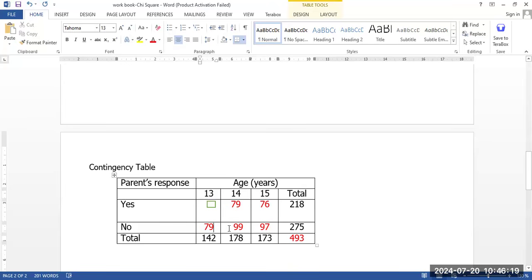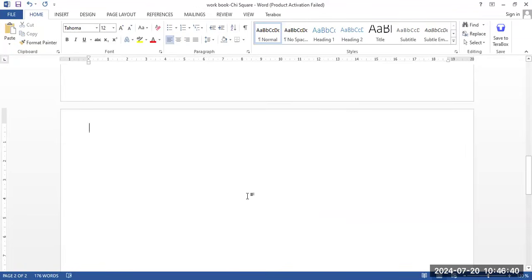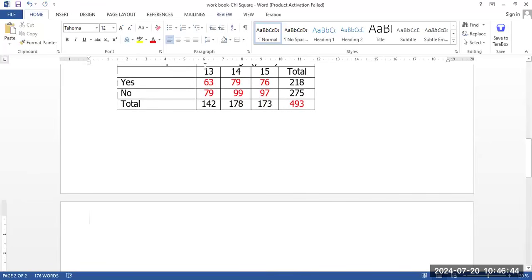Then below the box, put observed value. And that will be all for your contingency table. A contingency table should show, at every point, your expected value and your observed value. So I'm done with that. We go to the next question.